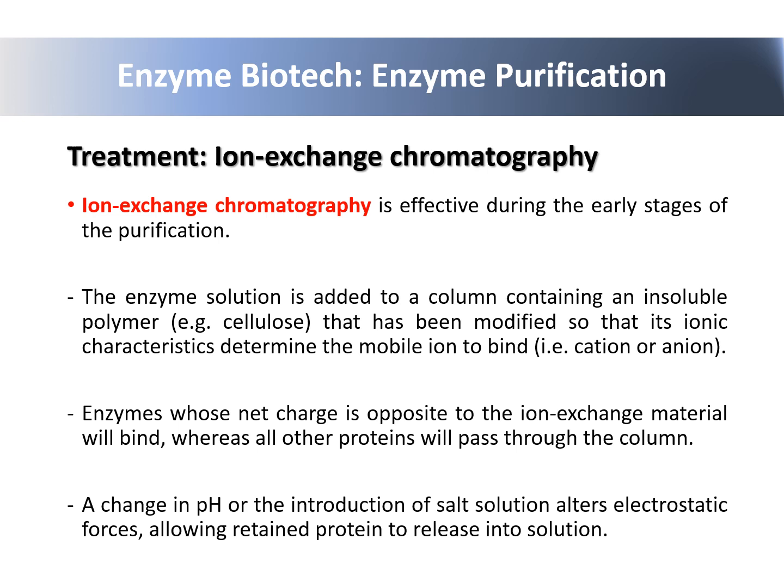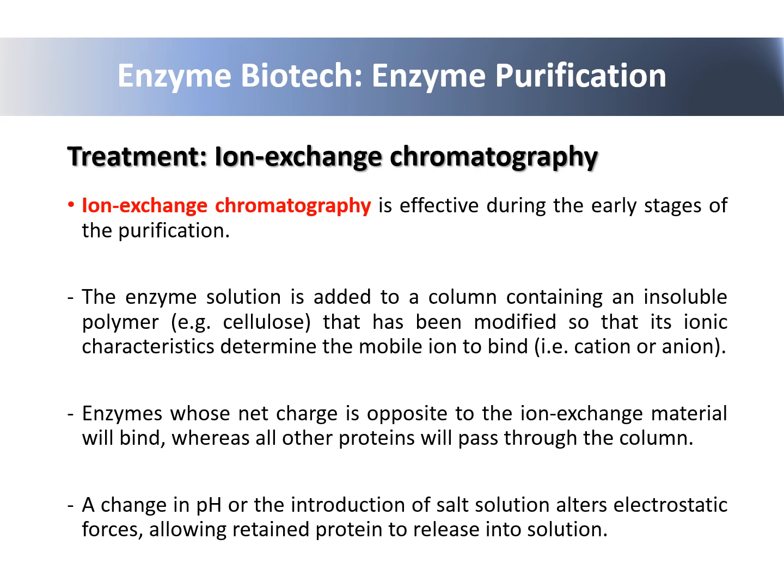You add your protein solution to a column containing an insoluble polymer. In this case, let's say the polymer you have is cellulose, the stationary material that you pack your column with. It's cellulose, right? And this has been modified so that its ionic characteristics determine the type of mobile ion that binds to it, in which case we're talking about the charge that binds to it.